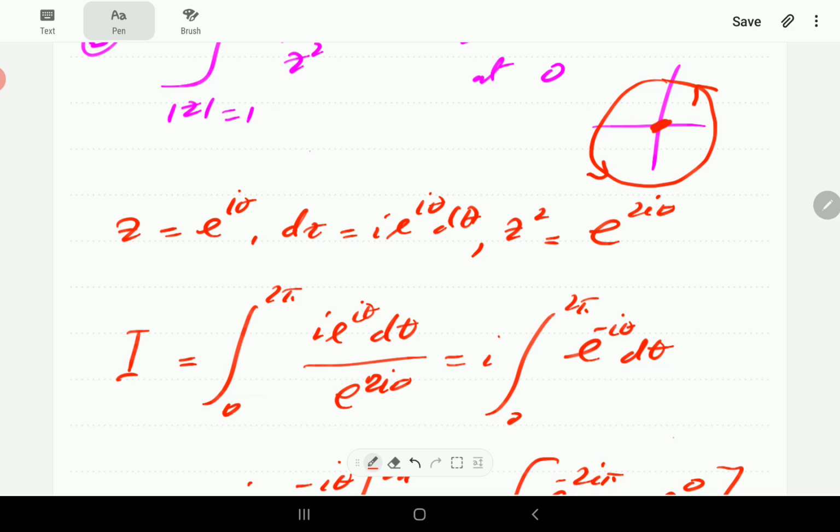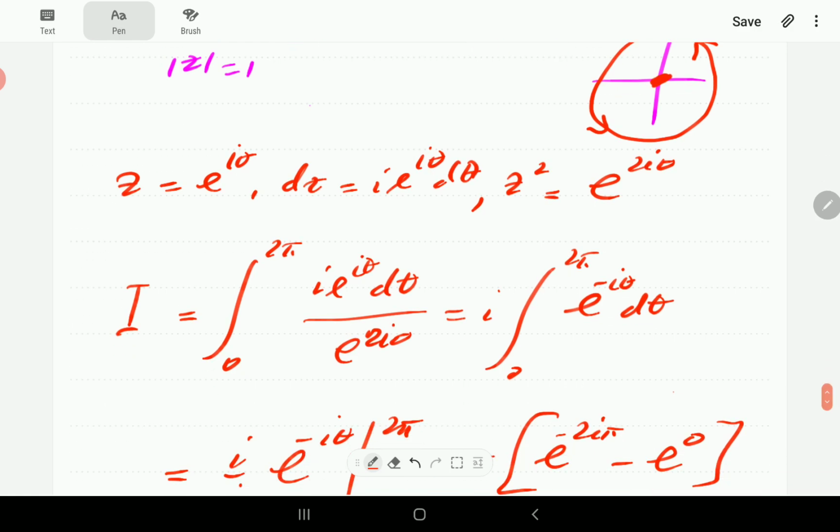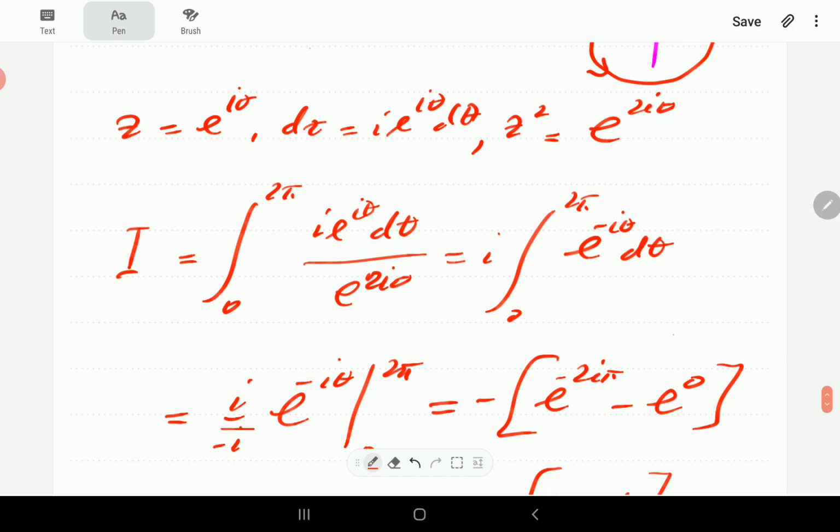We could do minus pi to pi, still going to work. The e's will cancel out to e to the negative I theta. Then we integrate, so that means we're going to divide by negative I. Then we do the limits.